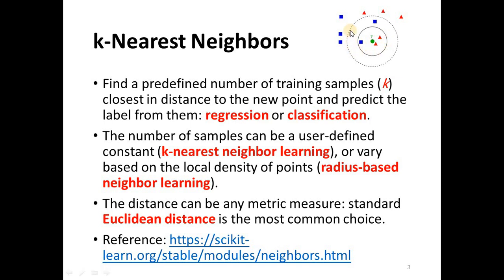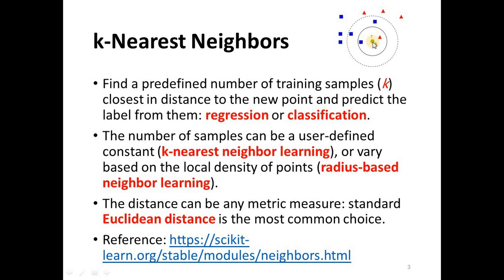Notice that if we increase the radius, we can get different results. If we select a small radius, then this sample is red. But if the radius is enlarged, then there are 3 blue and 2 red.